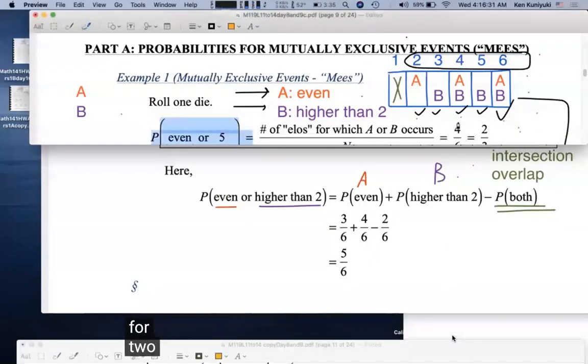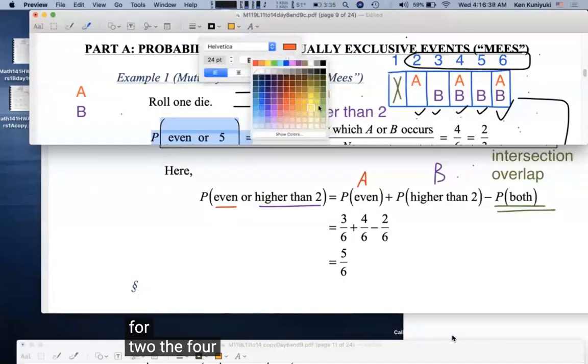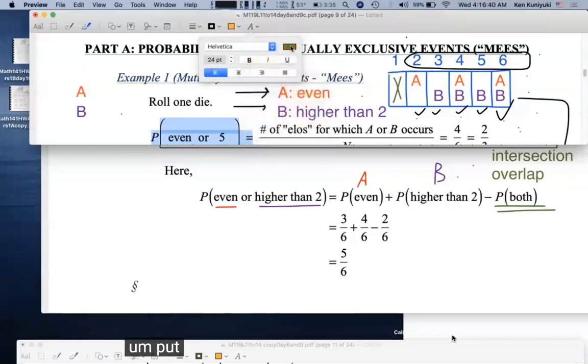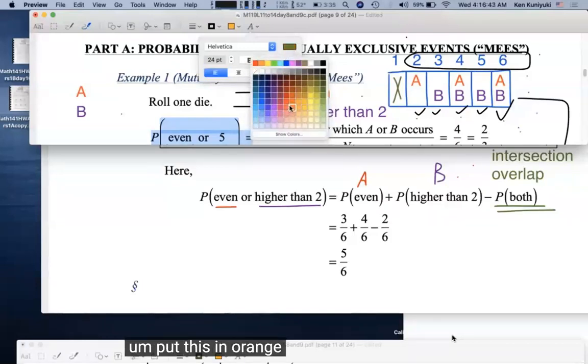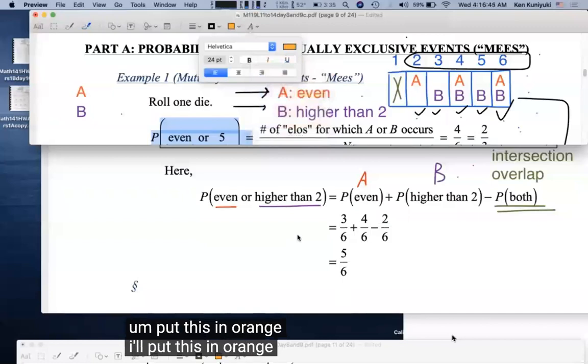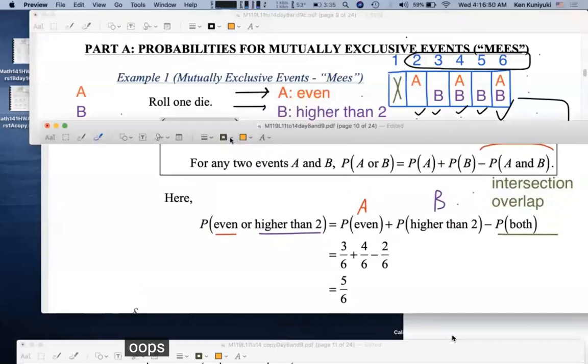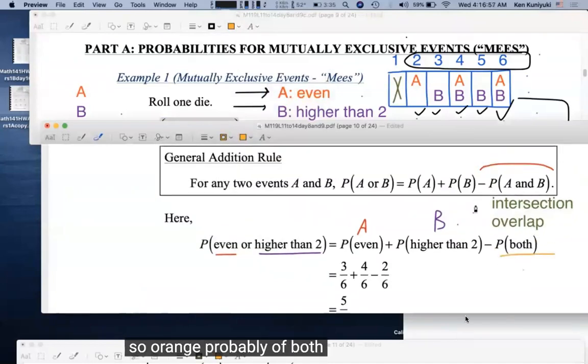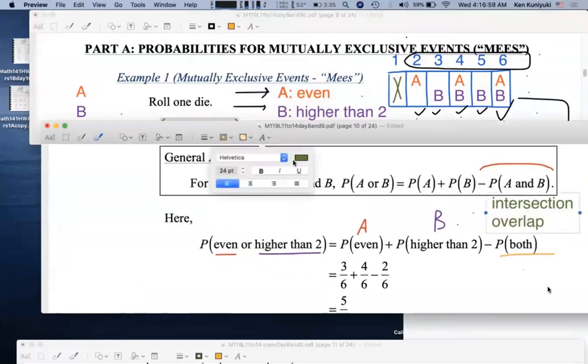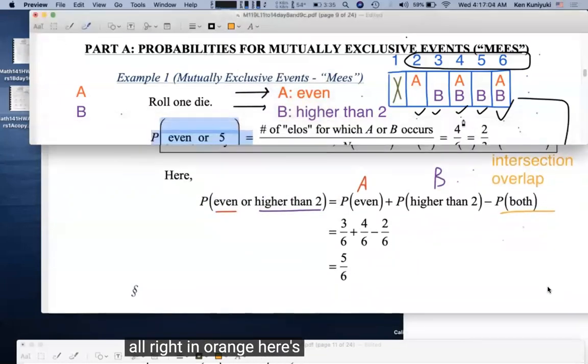For 2. The 4 and the 6. I'll put this in orange. So in orange, here's the overlap.